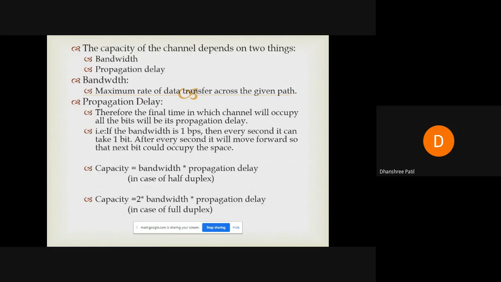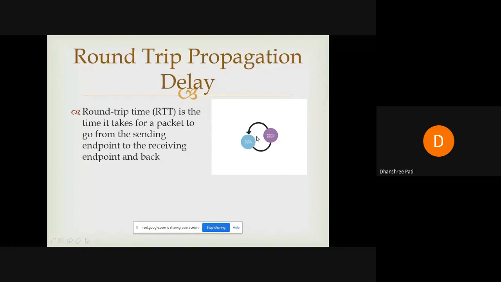Propagation delay is one-way communication, from the sender to the receiver, whatever time it may require. Round trip propagation delay is sender to receiver and again back to the sender, so we consider all this time, the final time.